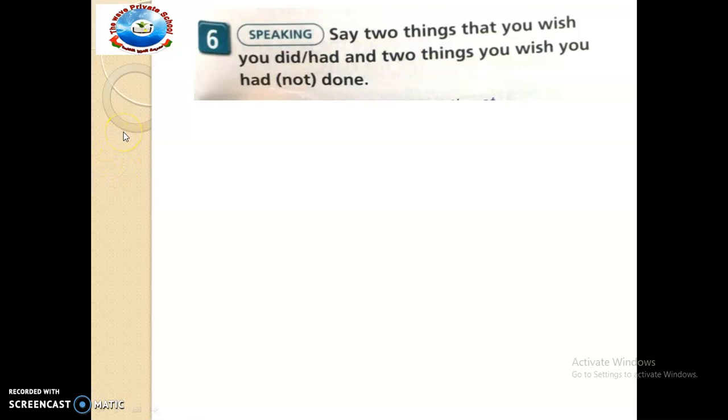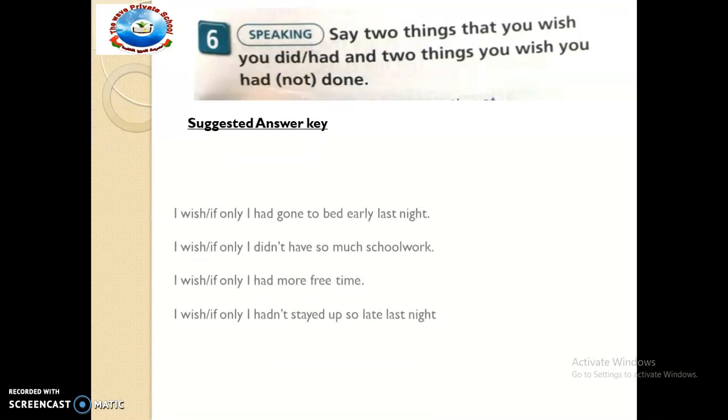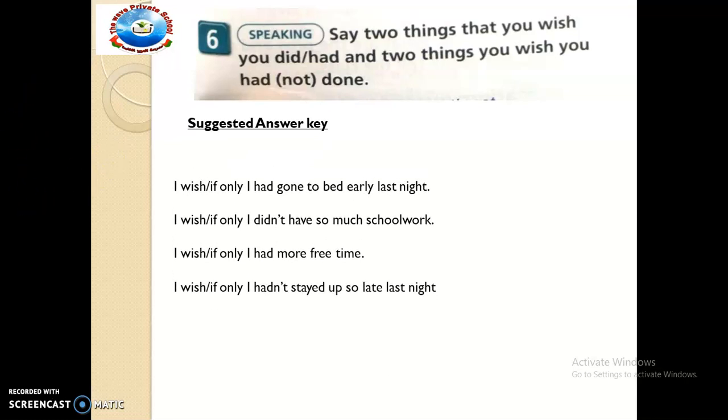Think. What are the 2 things you wish you had done, and 2 things you wish you had not done? Can you think of any? Then you can see what I thought. This is my own thoughts here. I wish, or if only, I had gone to bed early last night. I wish, or if only, I didn't have so much schoolwork.